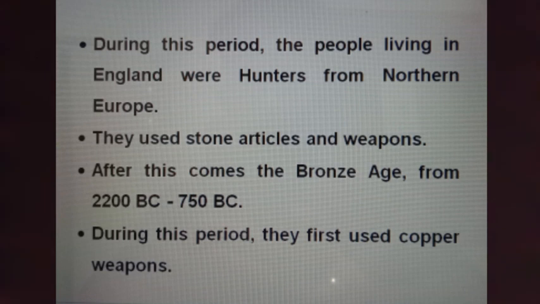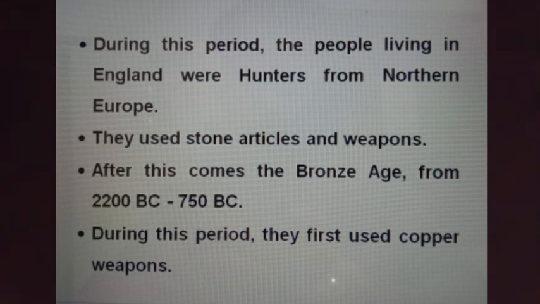They used stone articles and weapons to hunt animals and to find food. That's why the period is called the Stone Age.